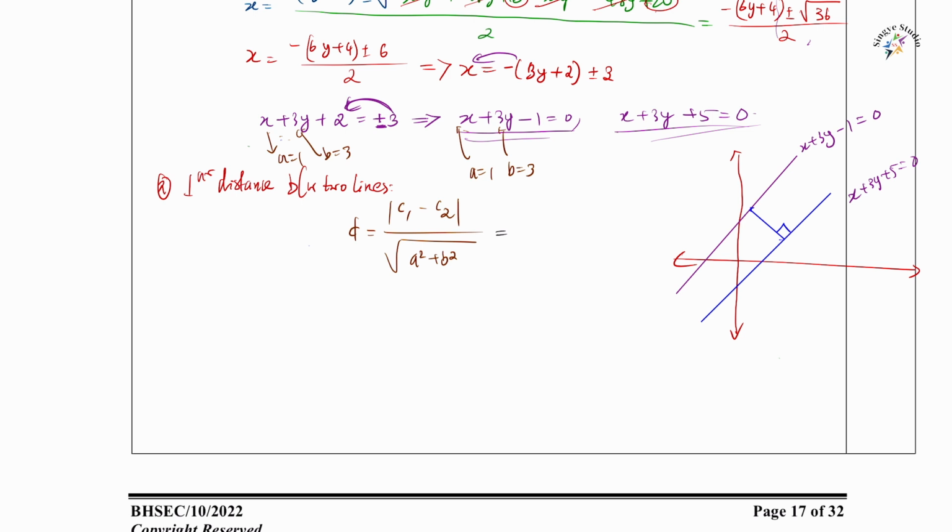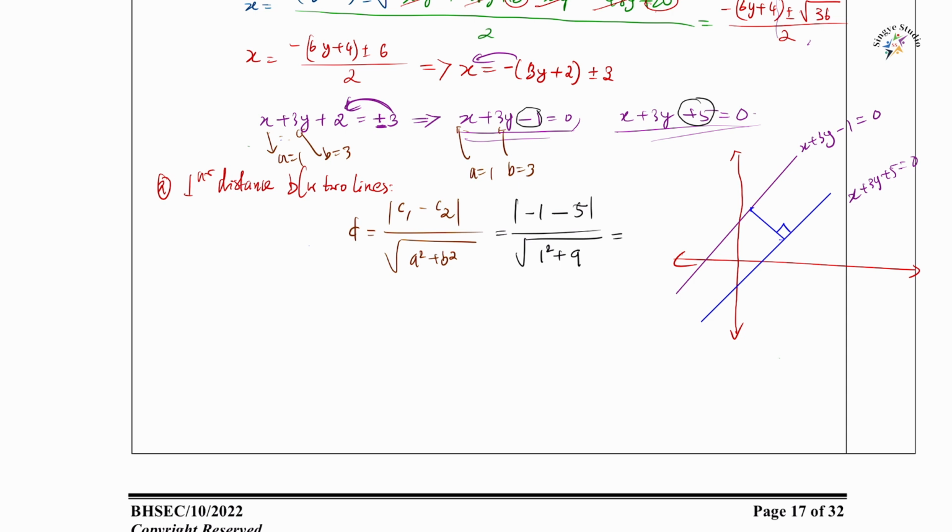Now we have C1. What is the constant for the first equation? It is negative 1, and then minus the constant of the second equation, which is 5, with modulus closed, divided by the root of a, which is 1 squared, plus b, which is 3 squared, which is 9.